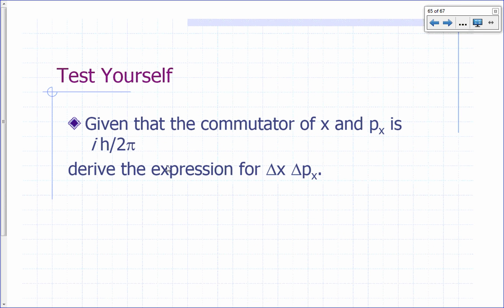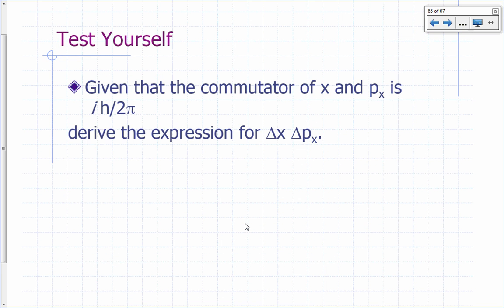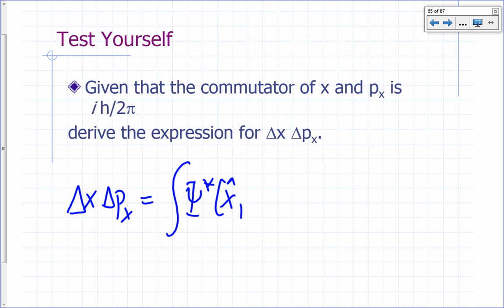And so we can show that in the case of x and px, what's delta x times delta px? Delta x times delta px is greater than or equal to 1/2 times the absolute value of the integral of psi star, commutator of x and px, psi d tau, right? But what is it?